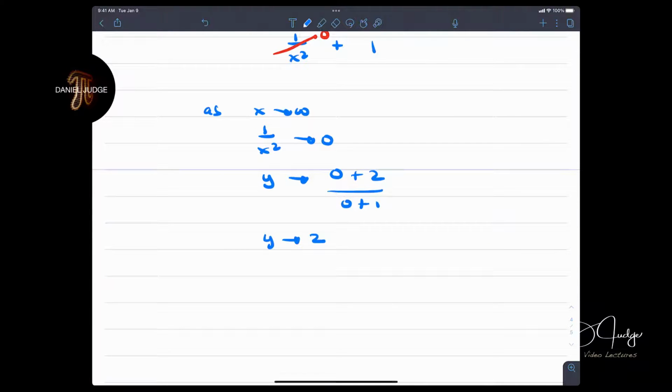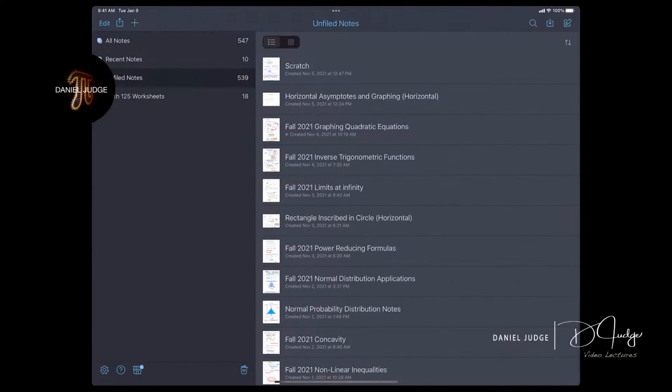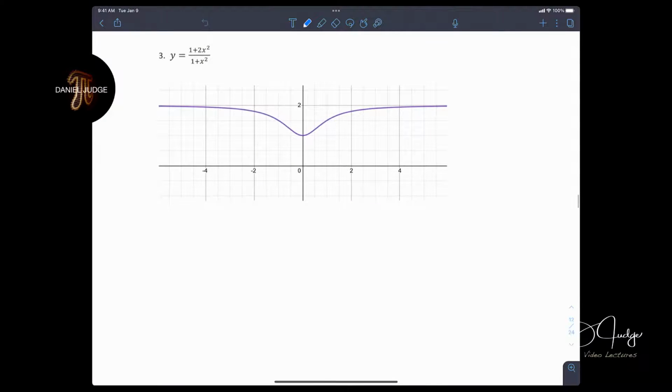Y is going to 2. So in other words, y equals 2 is your horizontal asymptote. It's going to be good information. So I'll go back. And for number 3, I'm going to draw my conclusion here. Horizontal asymptote, y is 2.